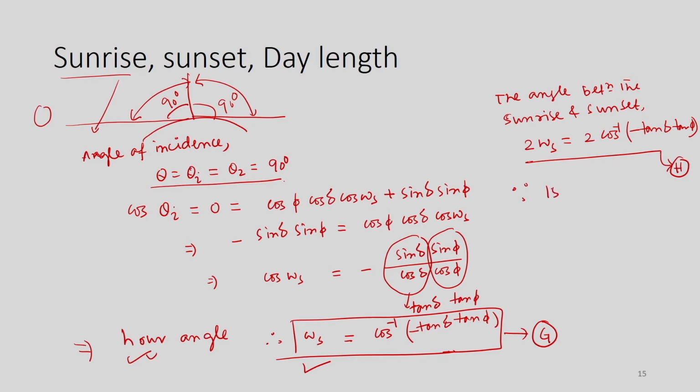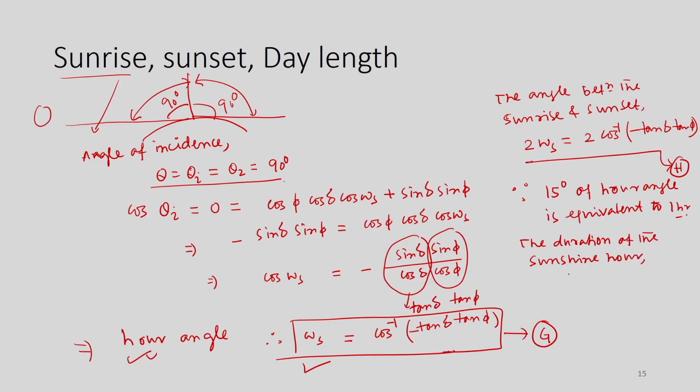Since we know that 15 degree of our angle is equivalent to 1 hour, the duration of the sunshine hour, if we represent it by T d, will be 2 by 15 cos inverse of minus tan delta tan phi. So, this is the duration of the sunshine hour.